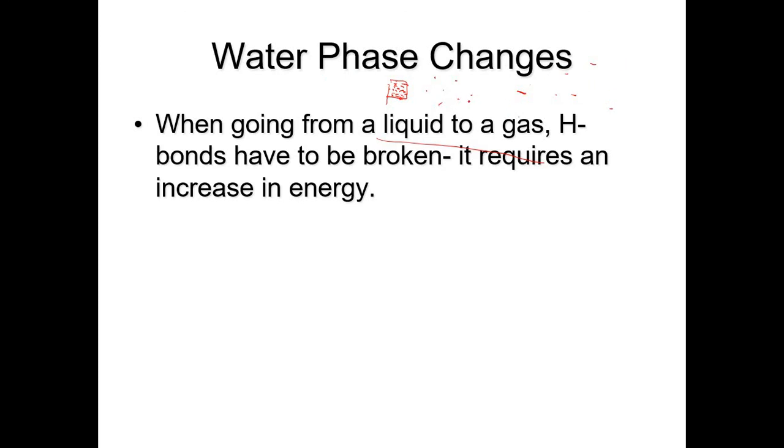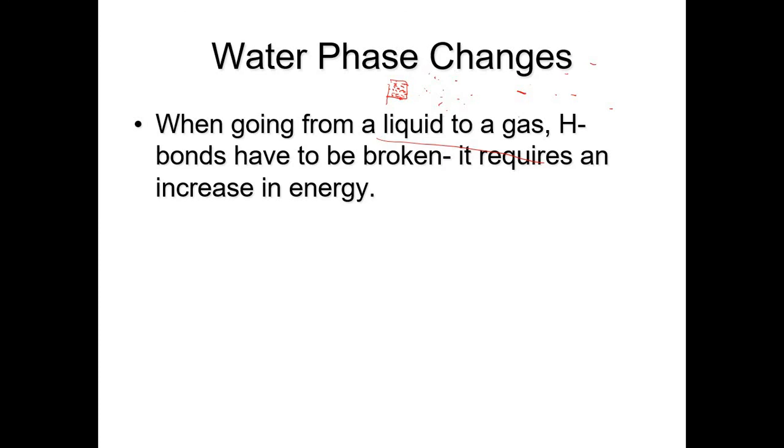So when going from liquid to a gas, because H bonding occurs in water, for example, these are water molecules. Because H bonding occurs here, the H bonds have to be broken down.